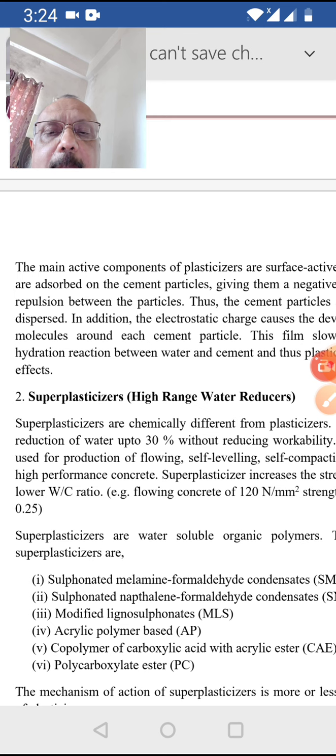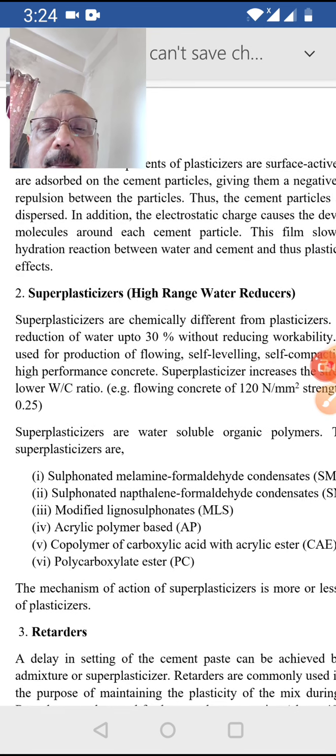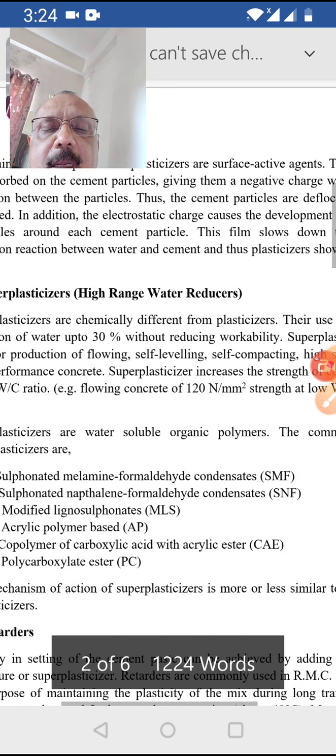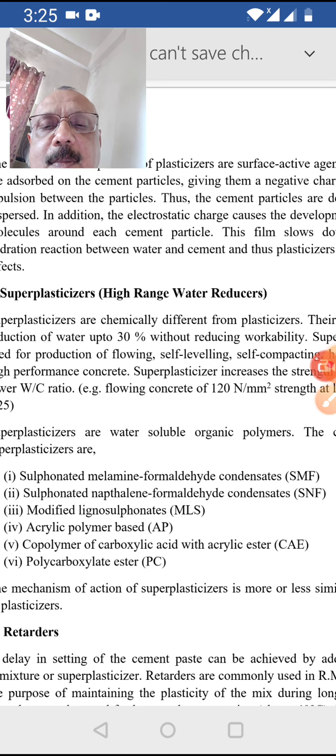Now, chemically, plasticizers and super plasticizers are different. These are soluble organic polymers, and the chemicals generally used for manufacture of super plasticizer are, first, sulfonated melamine formaldehyde condensates, commonly abbreviated as SMF.